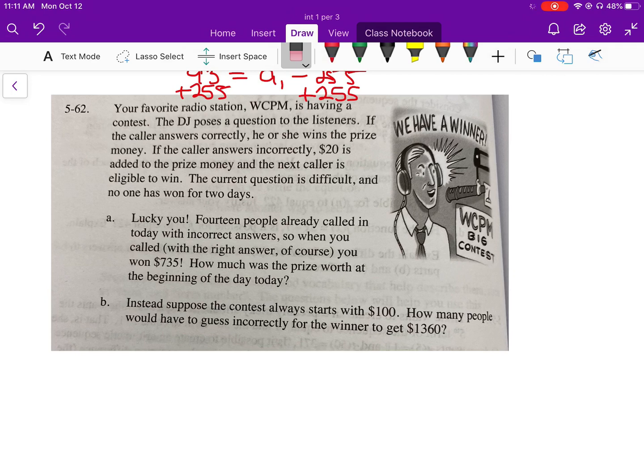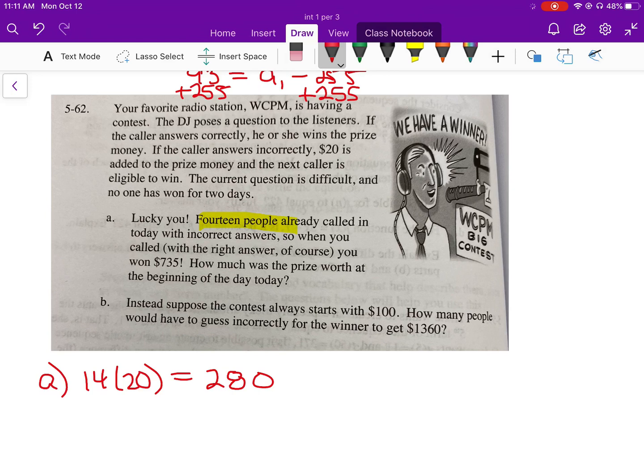Anthony? Yeah. So 14 people have called in already, and with each one, it went up by 20. How much has it gone up today? How do you figure that number out? 14 times 20, and that is 280.